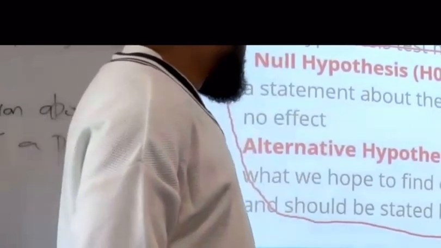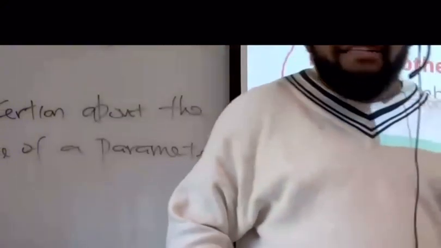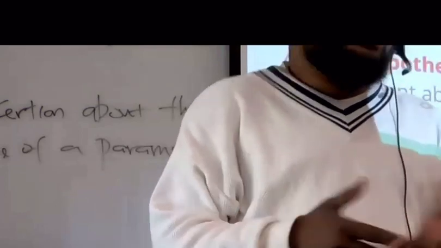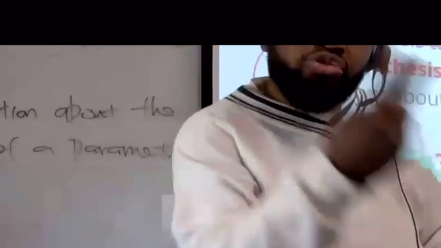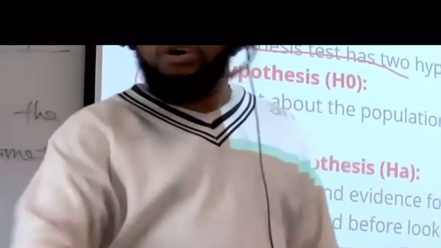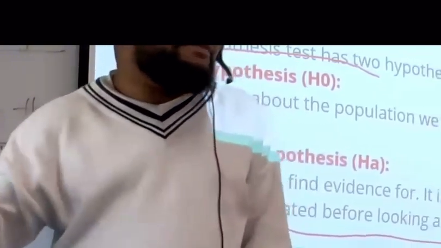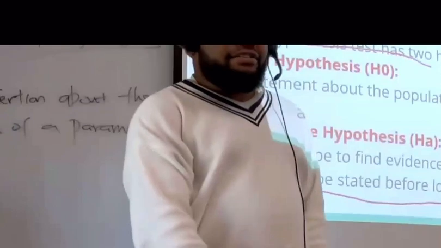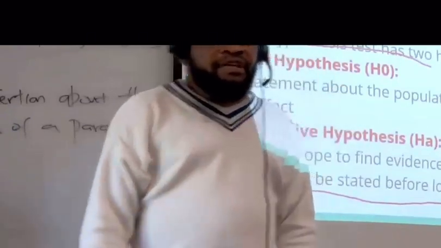And it should be stated before looking at the data, before we go into our data. It's just like in a court of law, before the evidence. Those two hypotheses exist even before listening to witnesses and stuff like that. These two hypotheses are guaranteed. That is where we start from. Does that make sense?